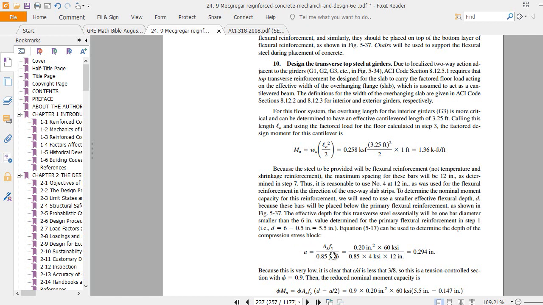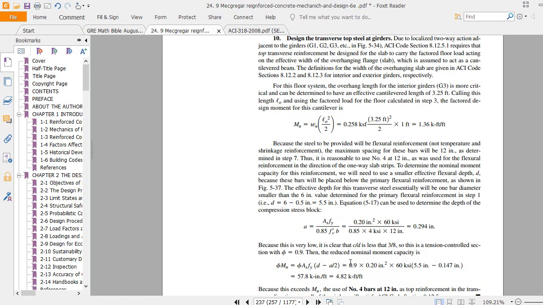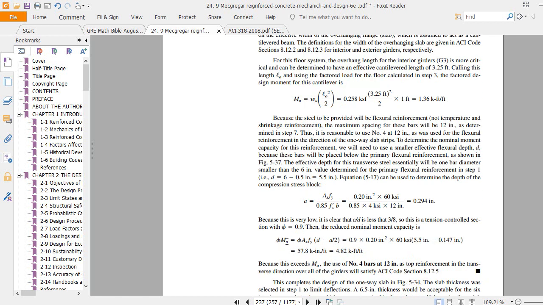Now recalculating a. Why are we calculating a? To find out the nominal moment capacity. So we have As, that is 0.2, phi value is already decided, fy we have, and this effective depth is, remember, you must notice this sentence: a smaller effective flexure depth will be used, because these transverse bars over the beams, over the girders, will be used below the primary flexure reinforcement.